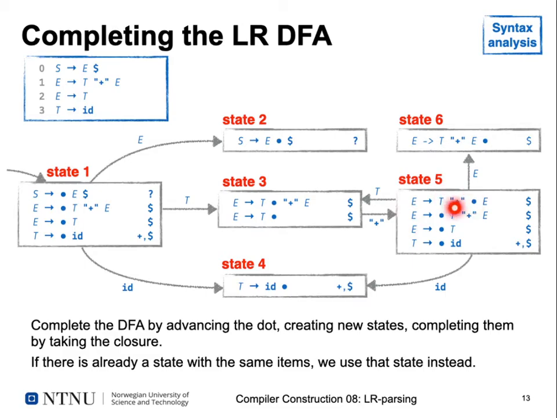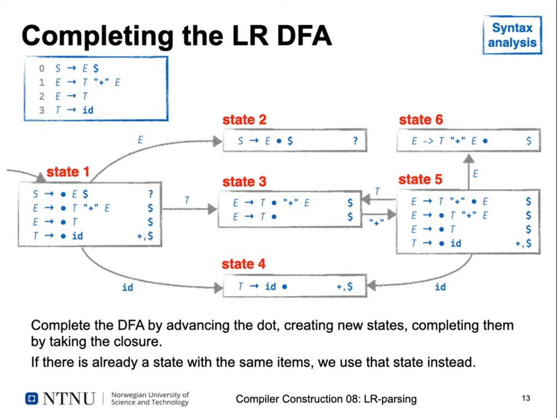So we have E to T plus E, and then we take the closure of the rest of the symbols like we've done on the left hand side, and then we can continue by finding something else. We can find that we've successfully read the whole input token stream, so we add another state with a dollar at the end, or if we read an ID, we go to state 4 again.